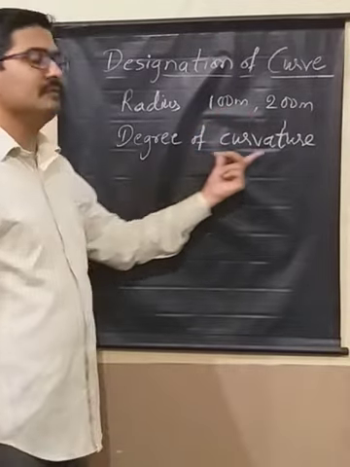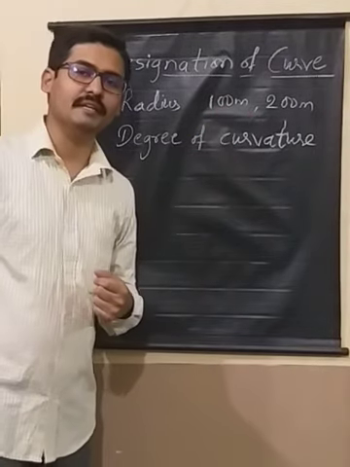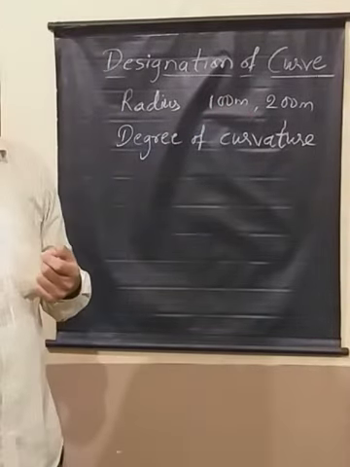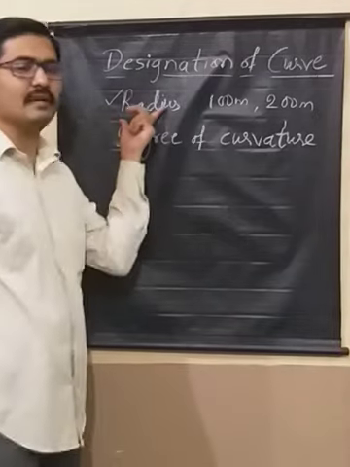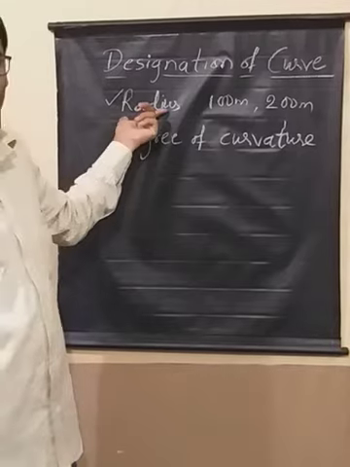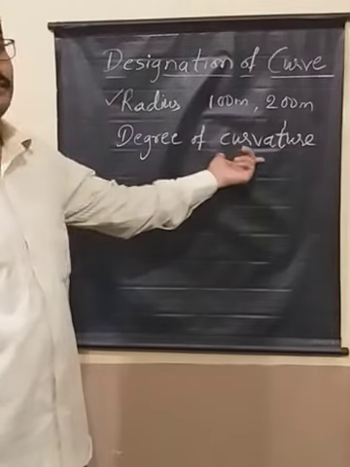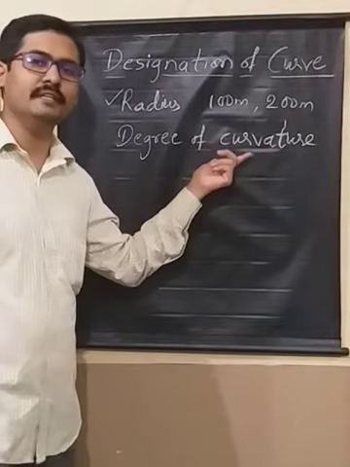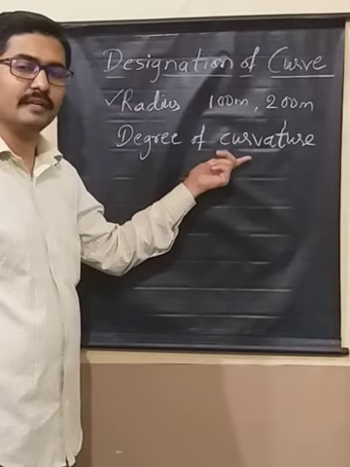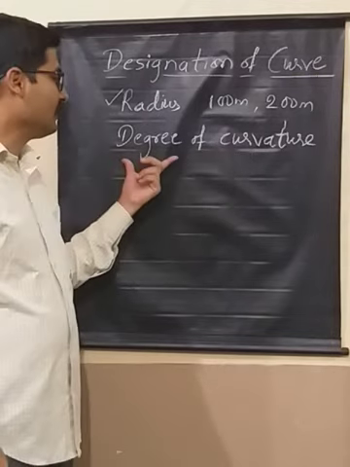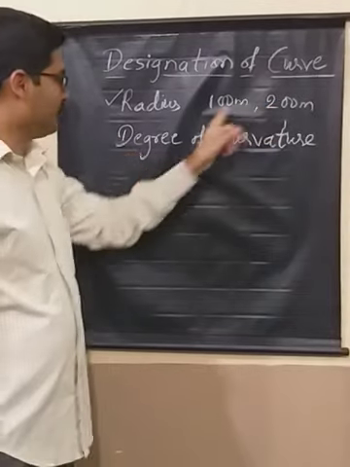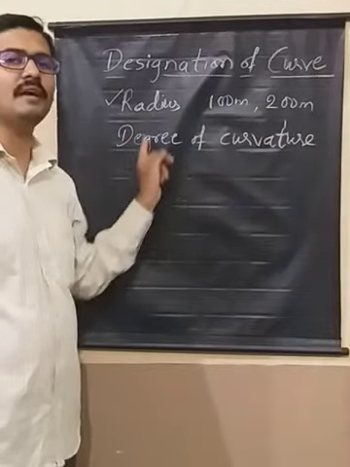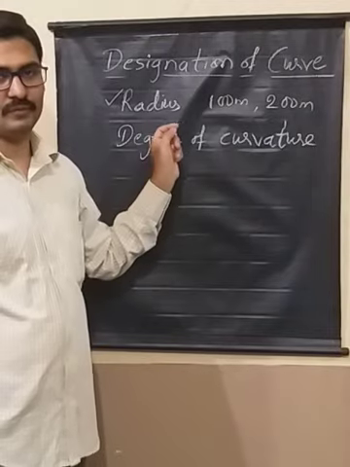Another way of designating the curve is by degree of curvature, right? This is generally adopted in countries like Great Britain, England, and the degree of curvature is what we Indians, Americans, and Canadians generally follow as nomenclature for the curves. So we Indians designate the curve by its degree, right?